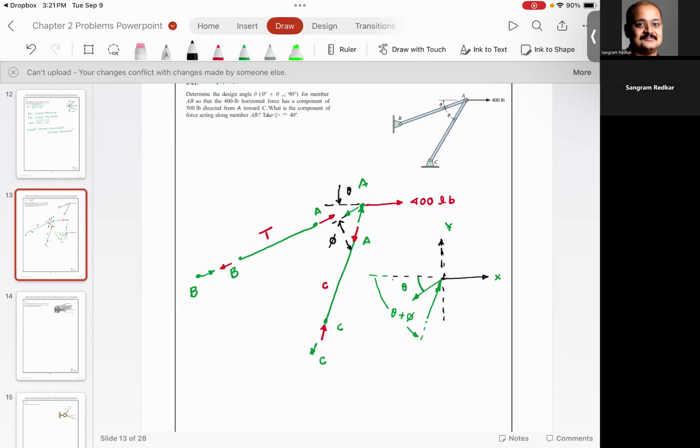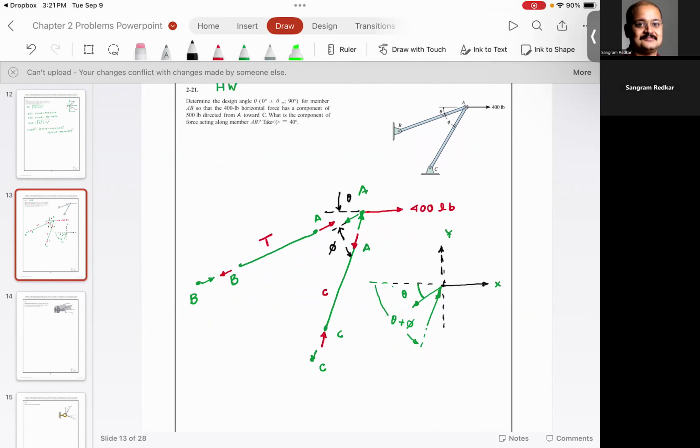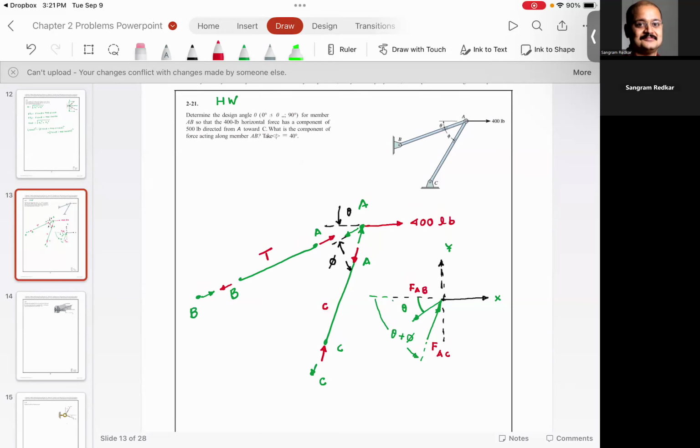No? Okay, so this force is FAC. This force is FAB. You will have to set up the problem.